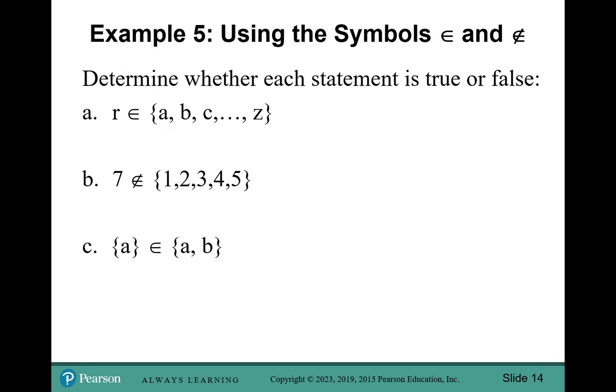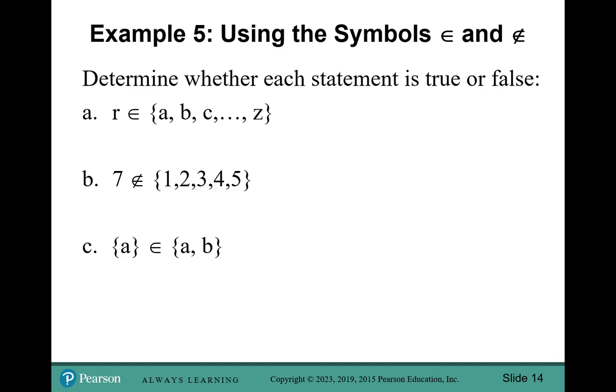Determine which of the following statements are true or false. R is an element of {A, B, C, ...}. The comma dot dot dot means this trend continues all the way to Z. So basically all the letters of the alphabet, A, B, C, D, E, F, G, H, I, J, K, L, M, N, O, P, Q, R, S, T, U, V, W, X, Y, Z. That is our alphabet.